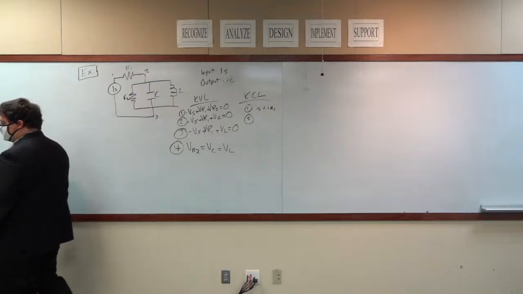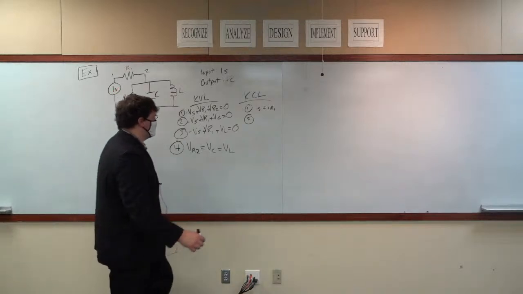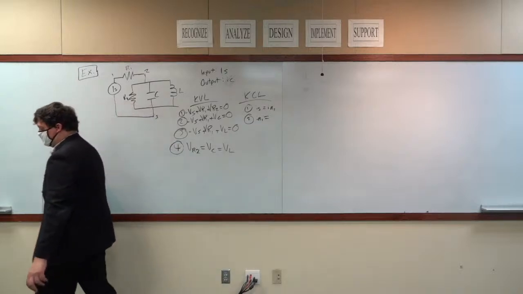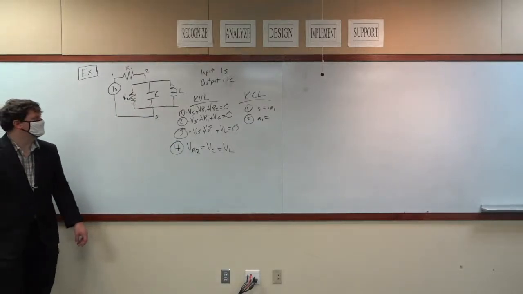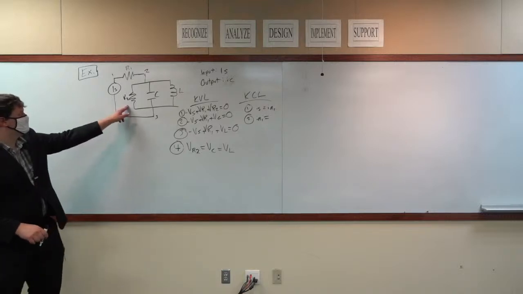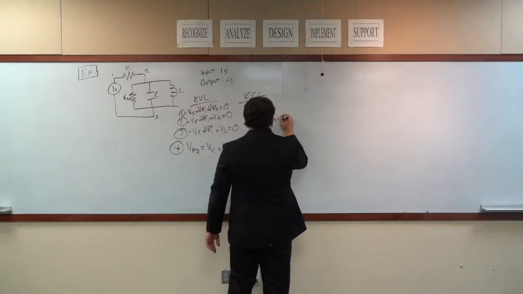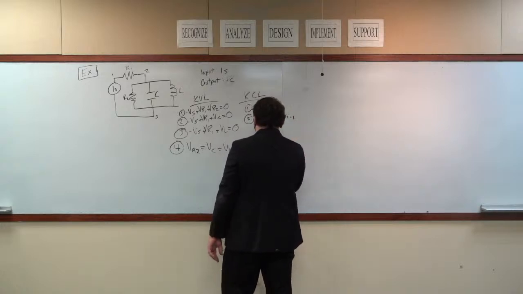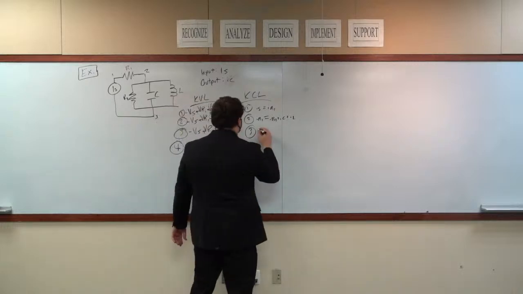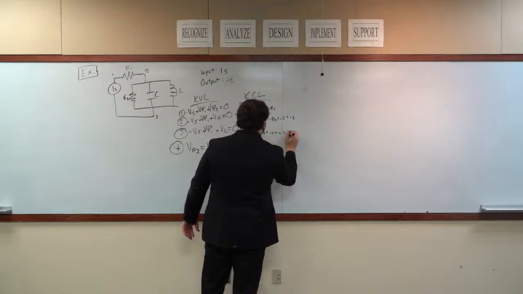What is the input to node 2? It's IR1 again, is equal to, what is the output from node 2? Yep, IR2 plus IC plus IL. And then equation 3, you can actually derive from this. It just ends up being IR2 plus IC plus IL is equal to IS.